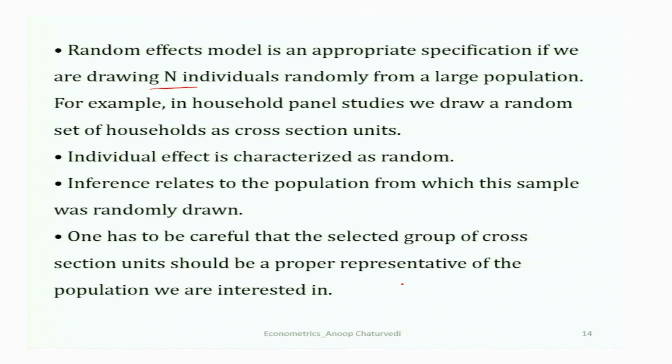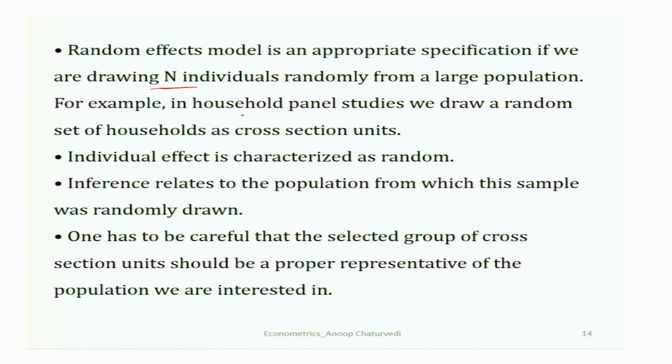So, you have a fixed number of cross section units, and you are not selecting a sample from the states. But here you have a large number of cross section units, so you want to draw a random sample from that large population, and then on those n individuals you are taking observations.